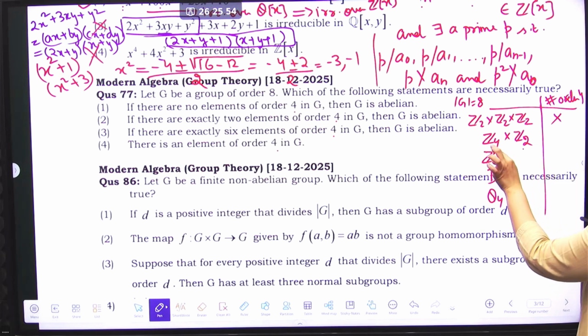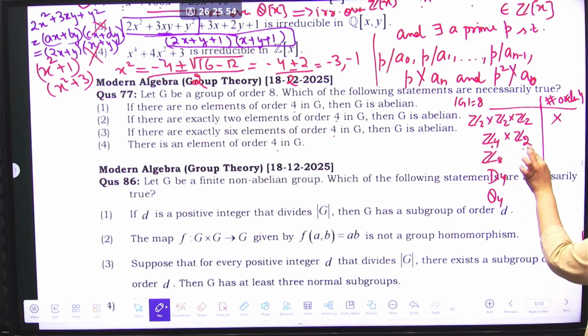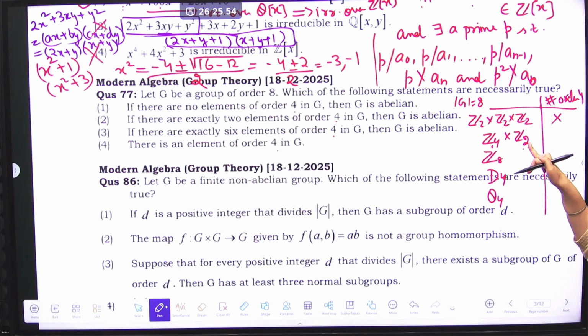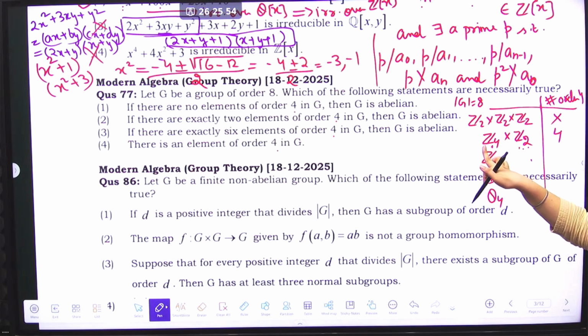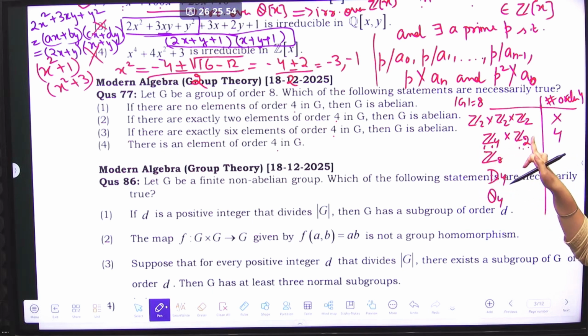So it has only 2 possible choices from Z4, elements 1 and 3, combined with 2 choices from Z2, the identity and the other element. So there are 4 elements of order 4.